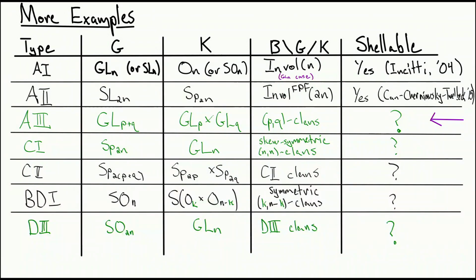And then these ones in green share a common property in that they're symmetric spaces of Hermitian type, which means they have similar structure that one might be able to exploit, once we understand this case, to work out shellability for these other cases.